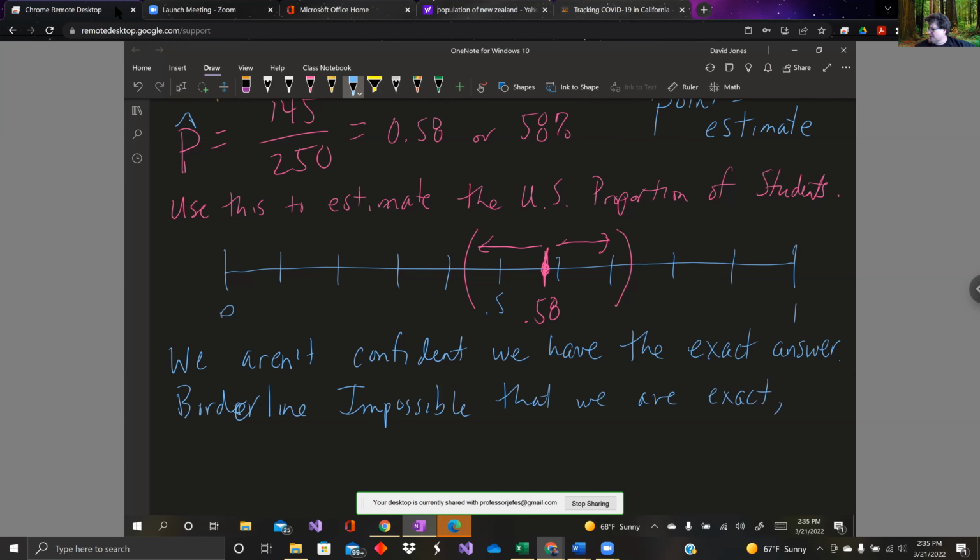So we want to use an interval around that number.